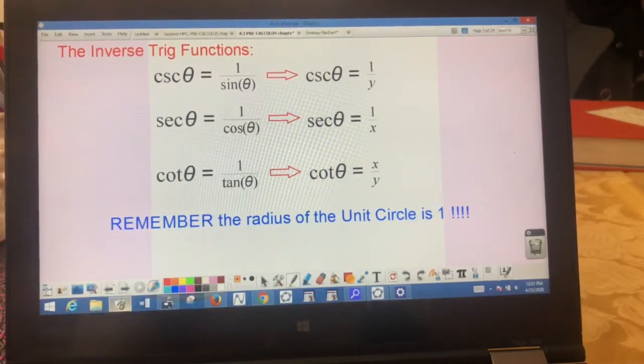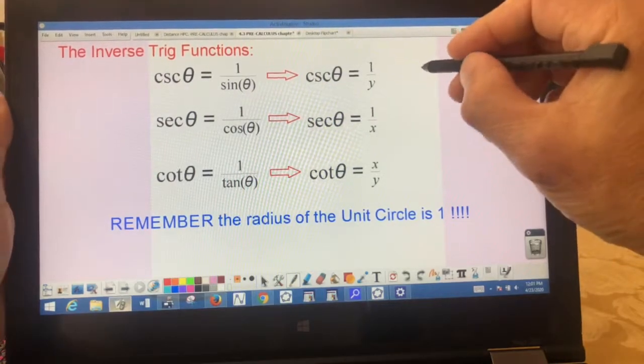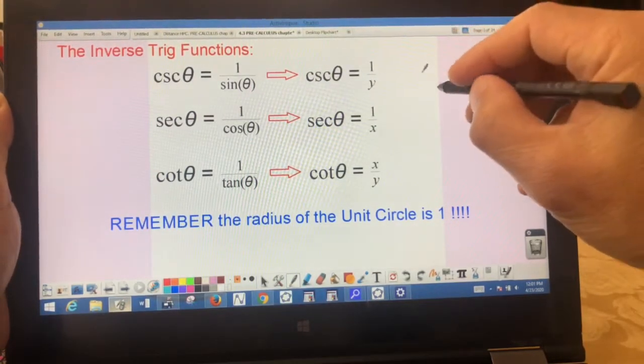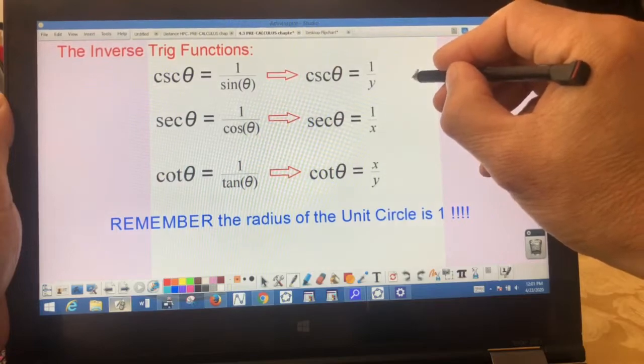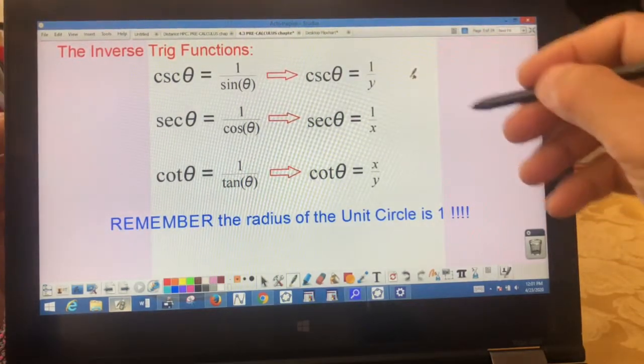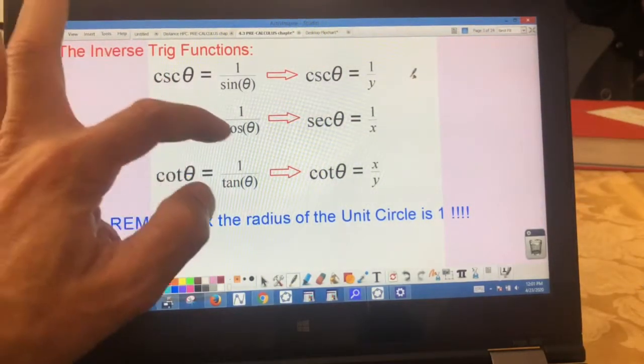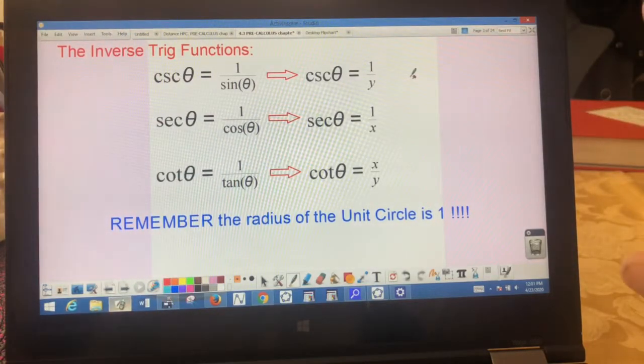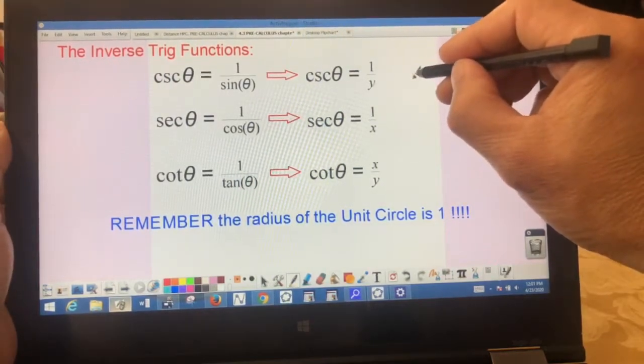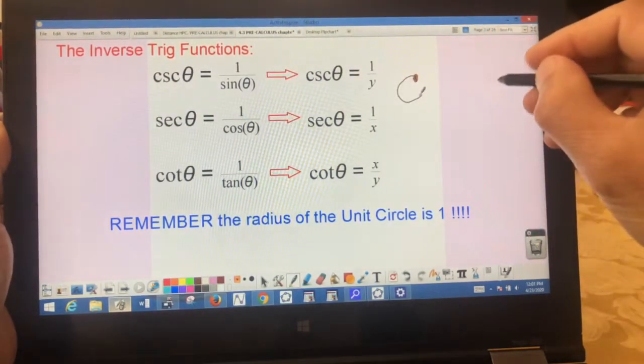Oh, one more thing. One way that I keep myself from getting confused between the secant and cosecant, because cosecant sounds like a cosine. Cosecant sounds like a cosine, but actually it's not. It sounds like a cofunction of a cosine. So this is the way I keep track of things.